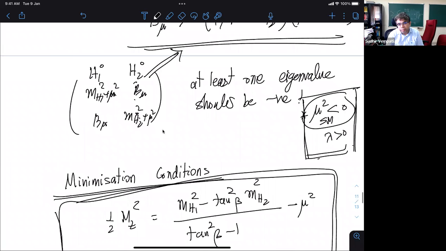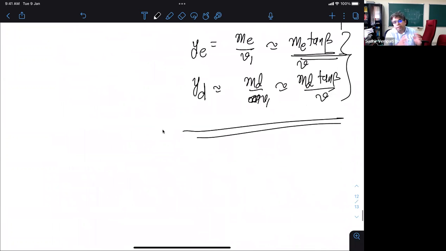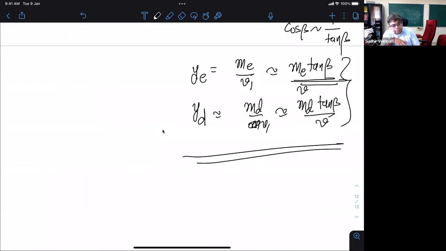But when these large tan beta effects were discovered, this notation was sort of finalized, that you choose V2 by V1, so you can have the effects of large Yukawa couplings in the down type sector due to the presence of large tan beta.